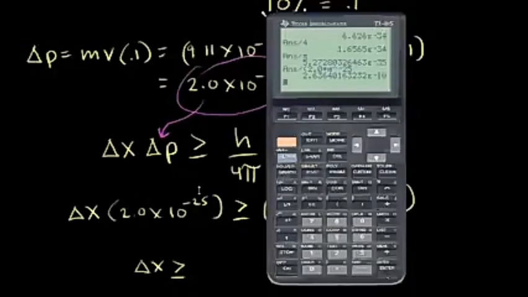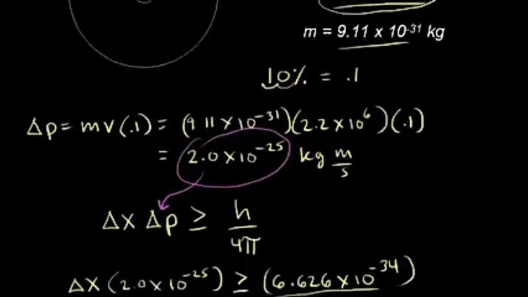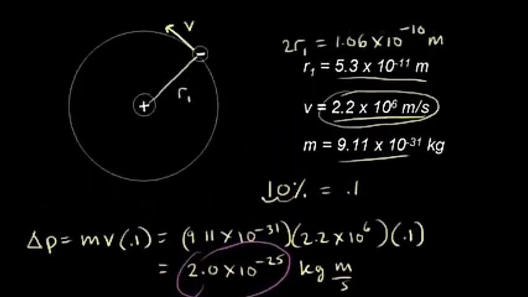That gives us 2.6 times 10 to the power negative 10. So the uncertainty in position must be greater than or equal to 2.6 times 10 to the power negative 10. If you work out the units, you would get meters. So the uncertainty in position is greater than 2.6 times 10 to the negative 10 meters.